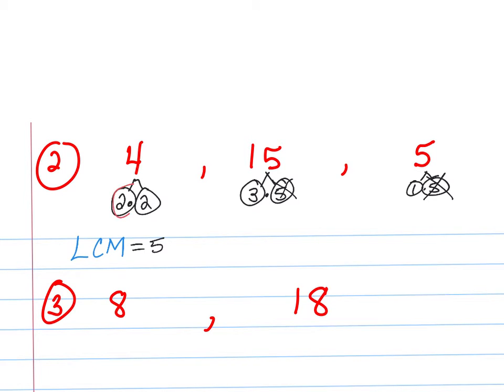So we have a 2 left over, a 2 left over, and a 3 left over. 1 doesn't really do anything, so we've got to write those down. Times 2, times 2, times 3. Do not leave it like this. Multiply it back together. I like to make it easy on myself. 5 times 2 is 10. 10 times 2 is 20. 20 times 3 is 60. So what's my least common multiple?